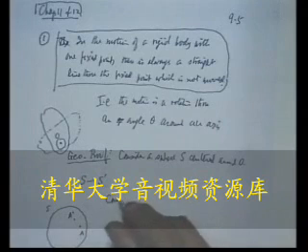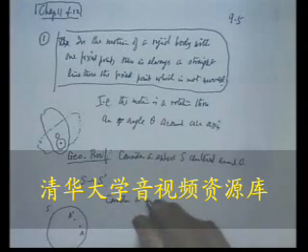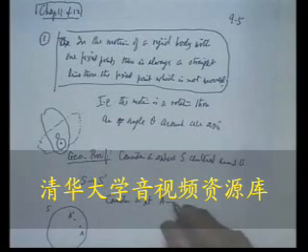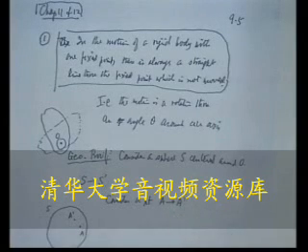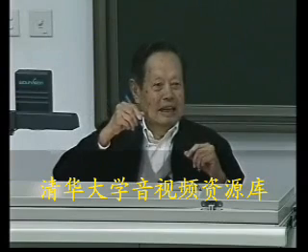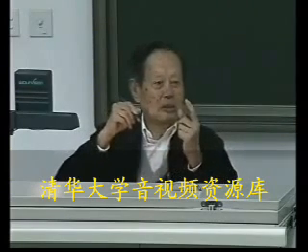Consider a point A. It goes into A prime. So this is like the Earth. You have one point A, let's say Beijing. Beijing goes into, say, Taiwan.